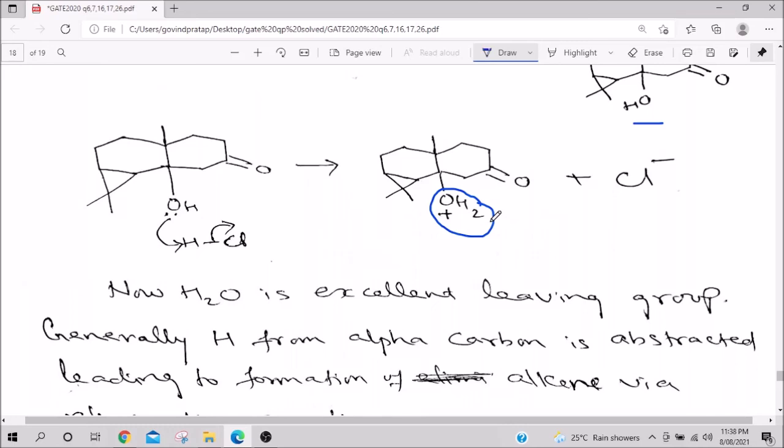So generally, the neighboring proton comes here and H2O is lost. That's what generally happens, and it will give you a very stable, nice alpha beta unsaturated ketone. That's what should happen. But the only issue is, in the neighborhood there is a very strained ring, a 3-membered ring. So rather than remaining like this, the 3-membered ring breaks away.